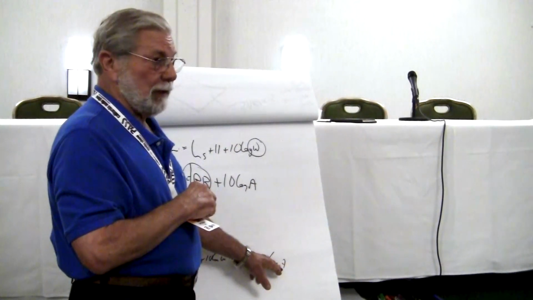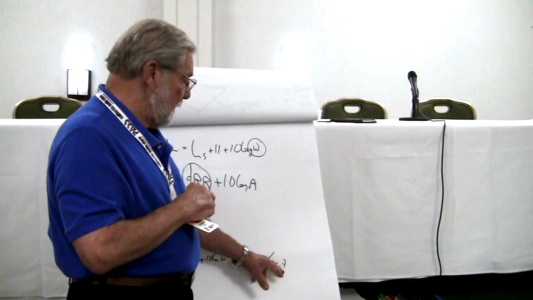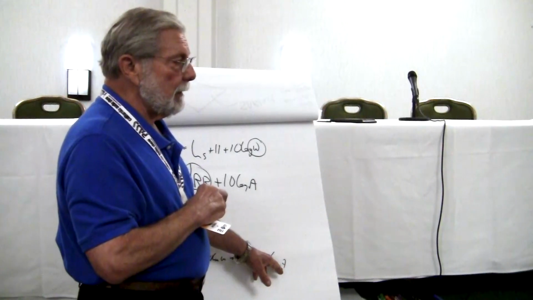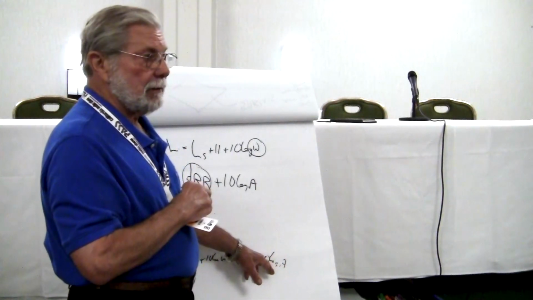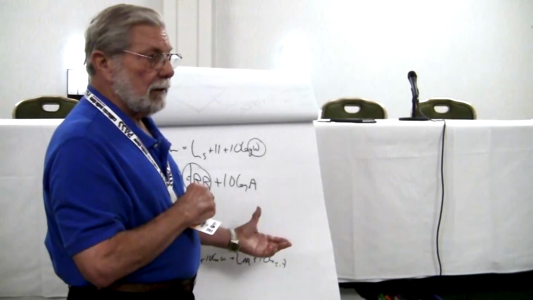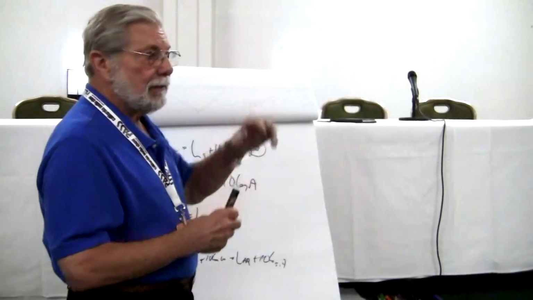Notice the volume of the room's not in the equation, it's just the area of absorption. The area of absorption turns out to be 400 square feet, which is 20 by 20, which is kind of like a thick carpet and some wall panels and stuff.